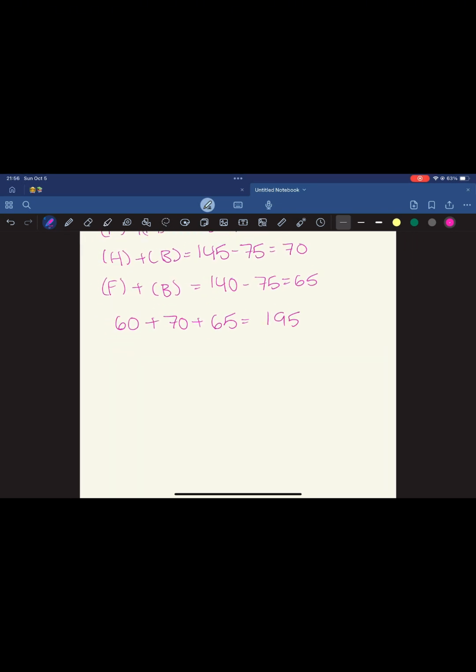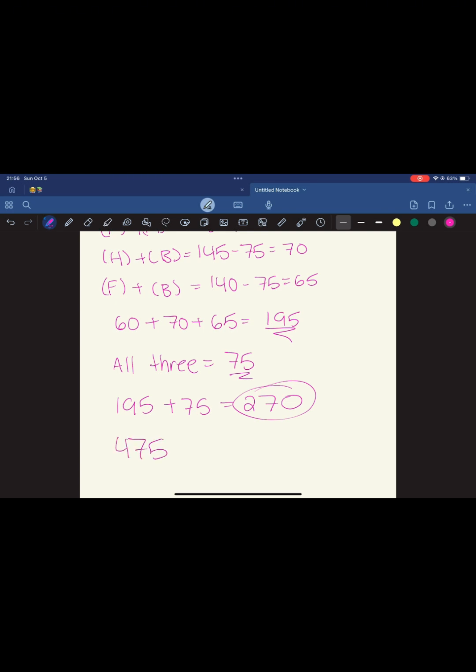So now we are going to add in our all 3 sports group, which is going to be 75, of course. That's the middle of our Venn diagram. That is our center. So for at least 2 of them, we're going to do 195 plus 75, which is going to equal 270.